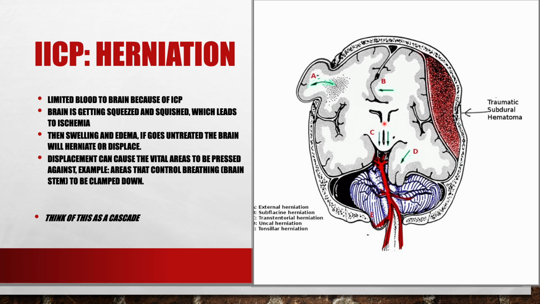And the body is trying to compensate. It's saying, hey, it needs more oxygen, let's send more blood. So you're getting more swelling, more edema. And if it goes untreated for so long, that brain is going to eventually herniate or get displaced, as you can see.